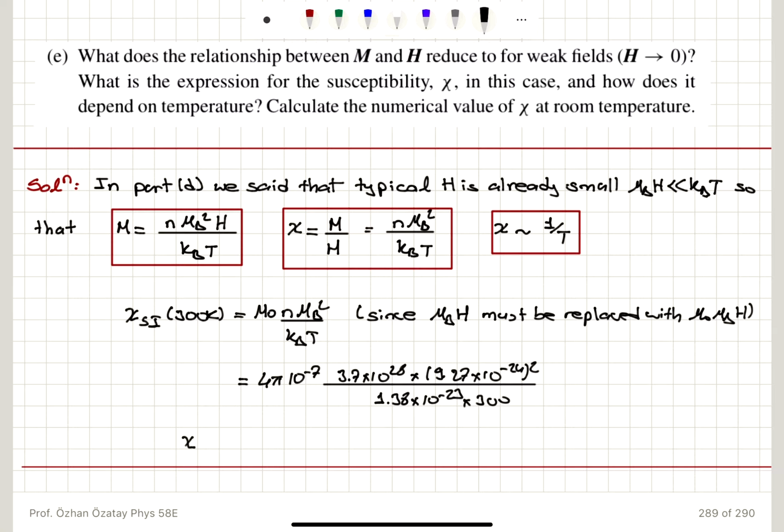So we find that the value of susceptibility at 300 Kelvin is 0.000965. So it's a small positive value for the susceptibility.